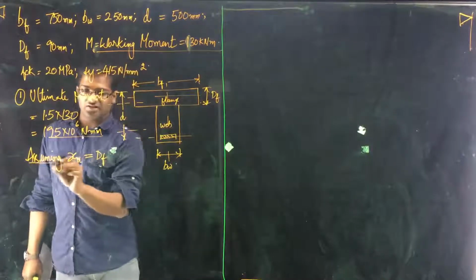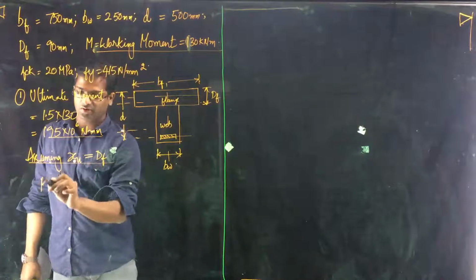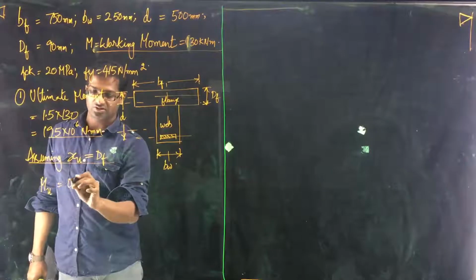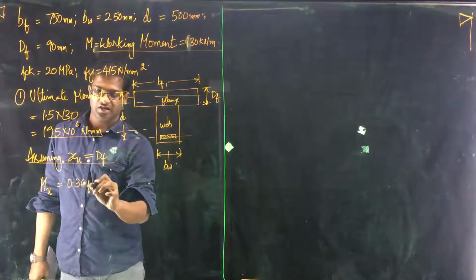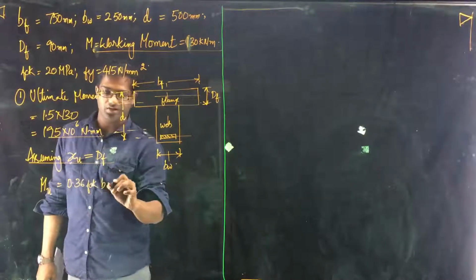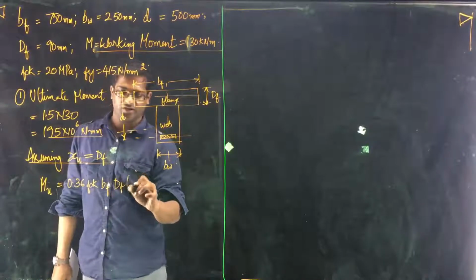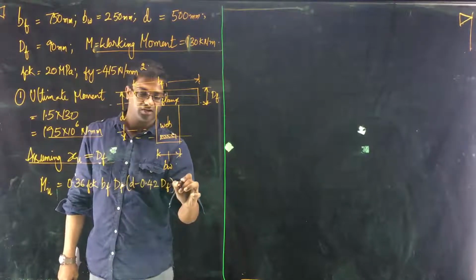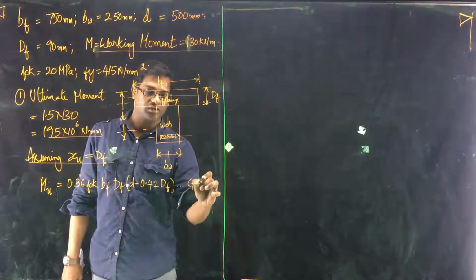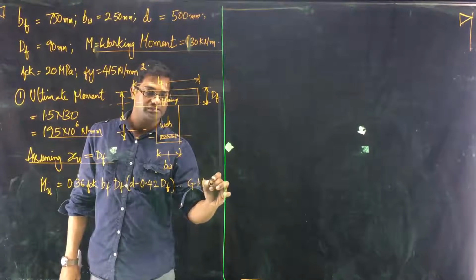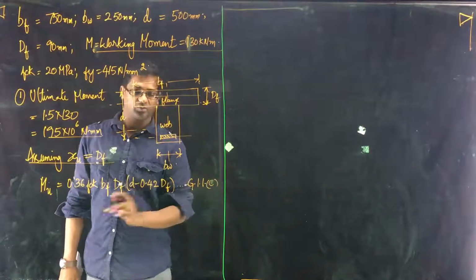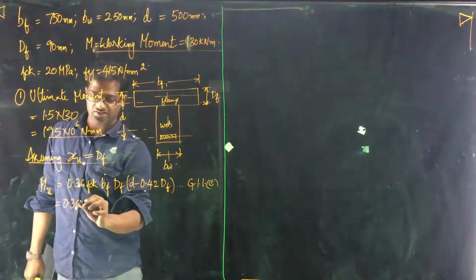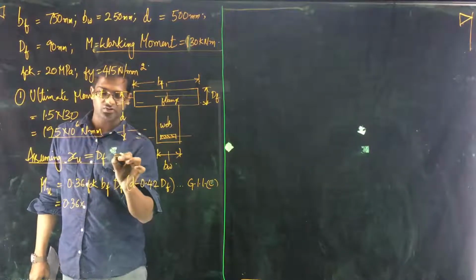So assuming XU equals DF, moment of resistance is calculated as 0.36 FCK BF DF into d minus 0.42 DF. You can refer to clause number G1.1.c for more details.